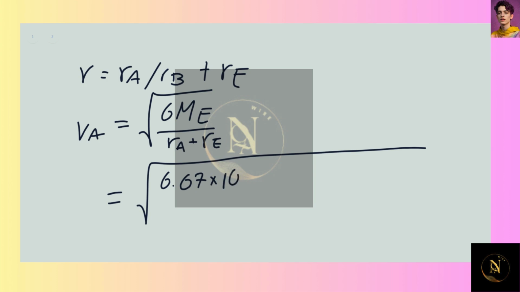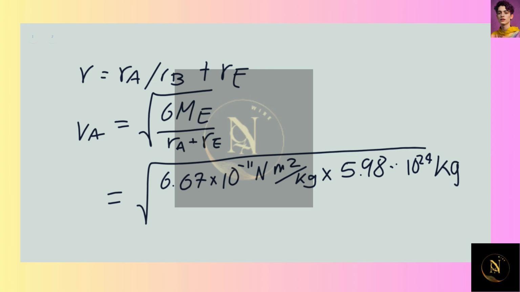6.67 times 10 to the negative 11, and it's in units of newtons meters squared per kilograms, times the mass of the Earth, which is equal to 5.98 times 10 to the 24 kilograms. And that's just a number that you can look up and is also given in the textbook.